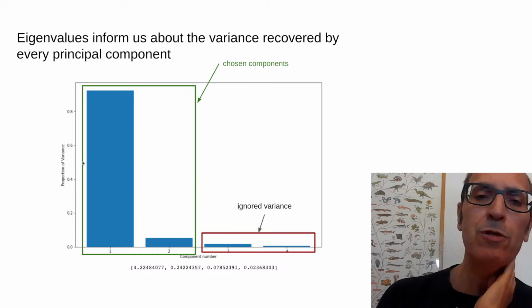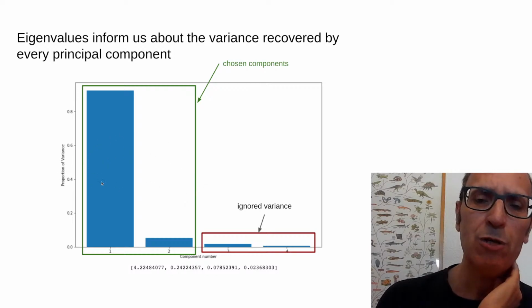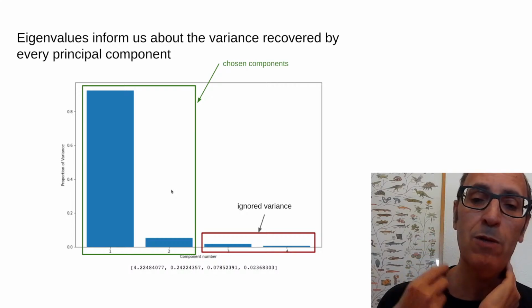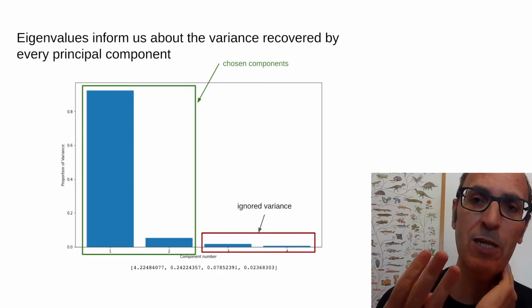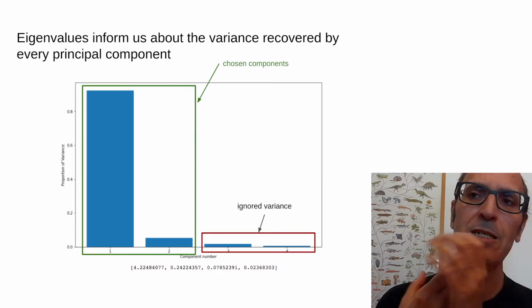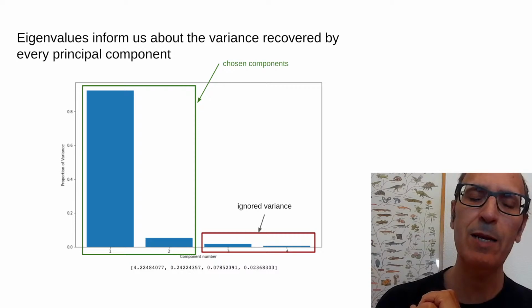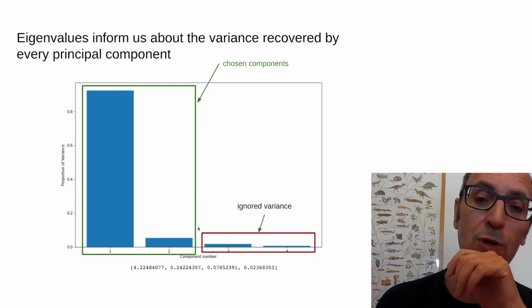If you sum up all the chosen components that you use, if you are representing 2 dimensions, the first 2 components, or if you are representing 3 dimensions, the first 3 components, that will be the amount of variance that you are representing in the final PCA. And of course, there will always be some variance that is ignored, that we are not representing.